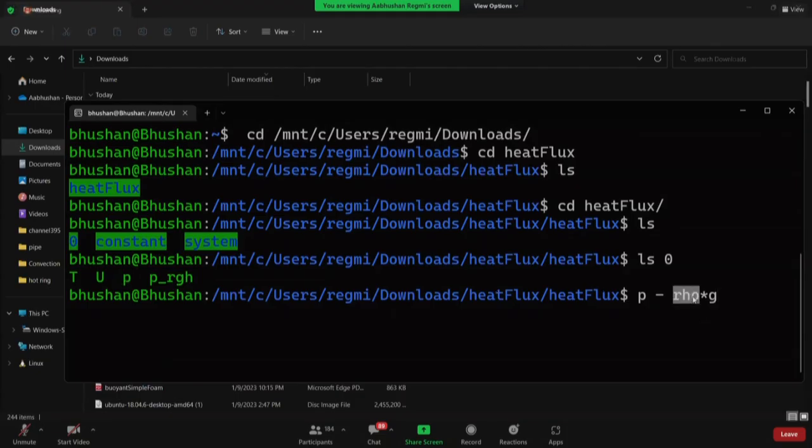The density of water is about 1,000, and the density of air is about 1.22. Because of this jump, the gradient will also have a jump. We don't want that. It may cause some inconsistency in our solver. So to mitigate that, we use p_rgh in multi-phase flow. Here we are using p_rgh just for convenience.